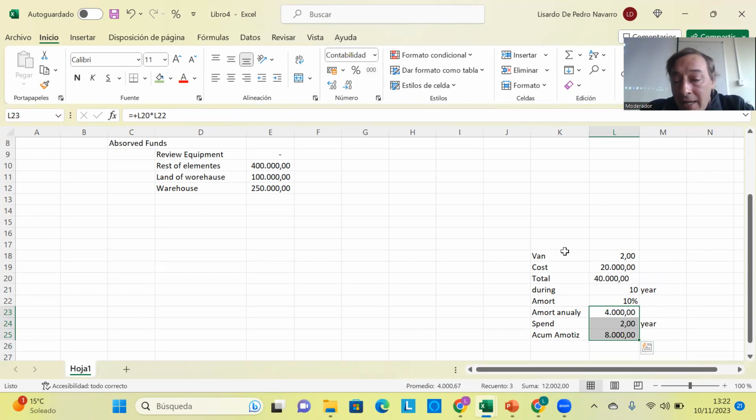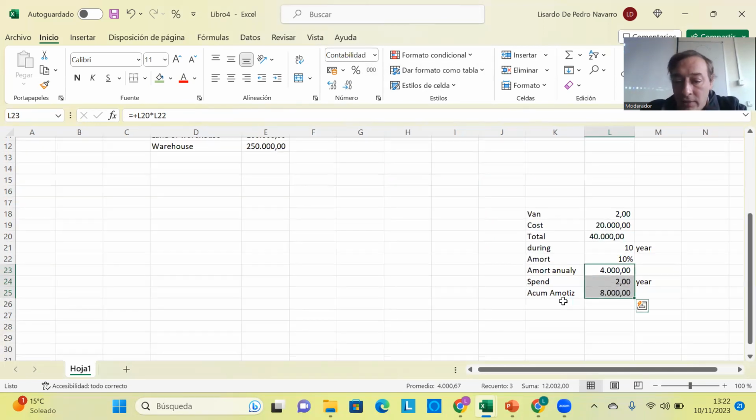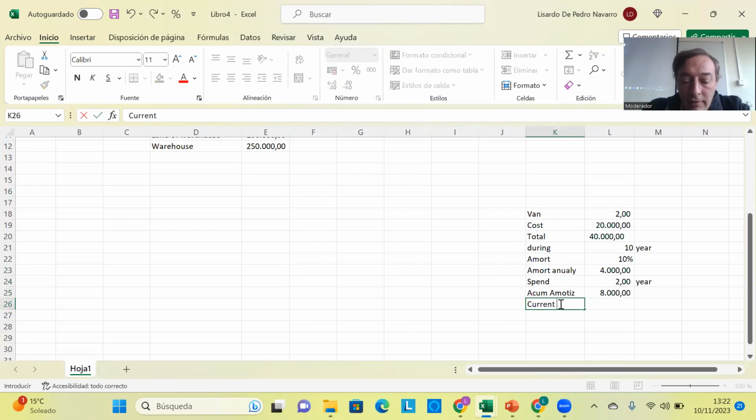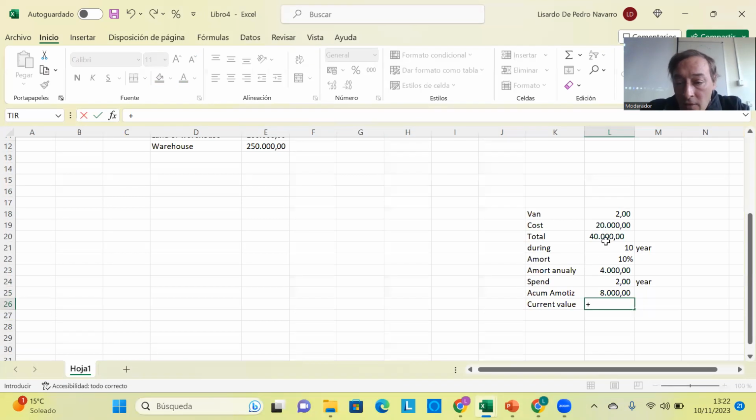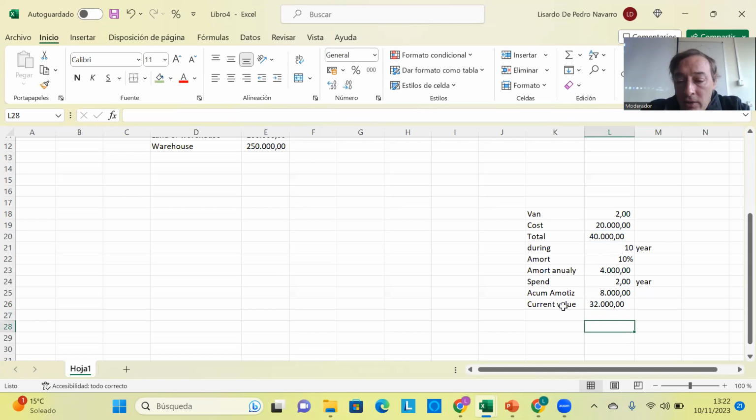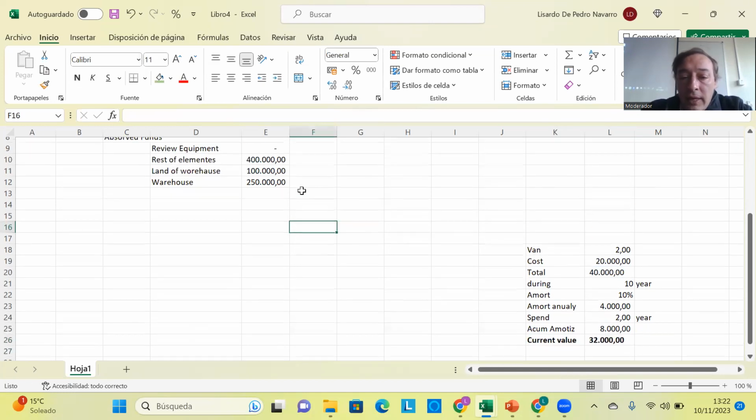So this is the value of the vans that have depreciated during these years. So the current value of these vans is 40,000 less 8,000. Now the current value of the vans is 32,000.